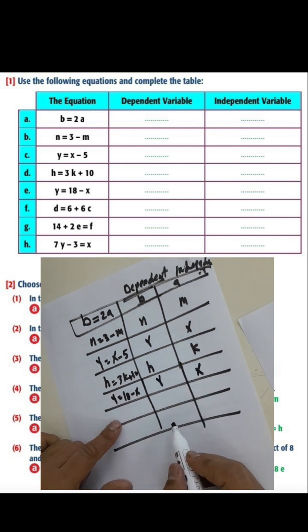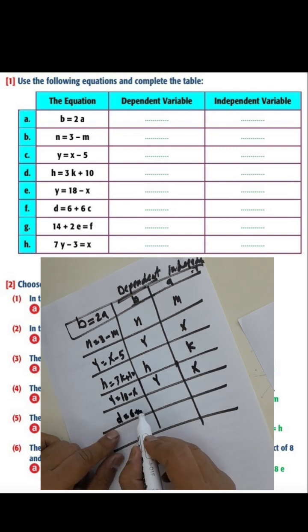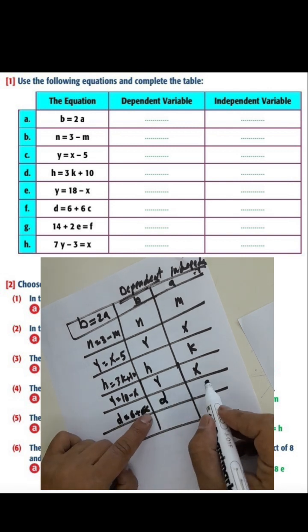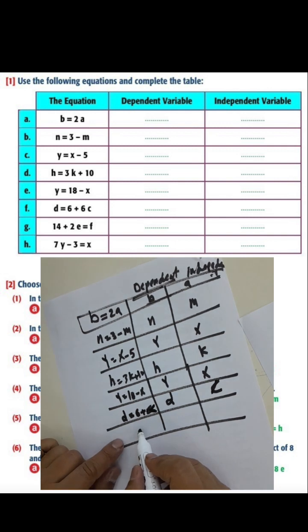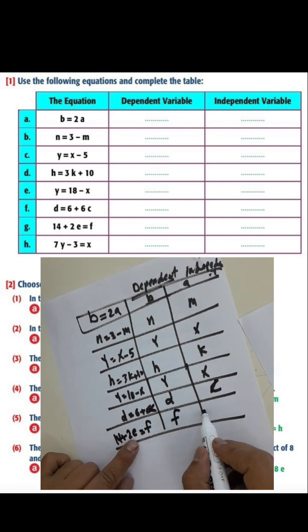The equation d equals 6 plus 6c, dependent d and independent c. 14 plus 2e equals f, dependent f and independent e.